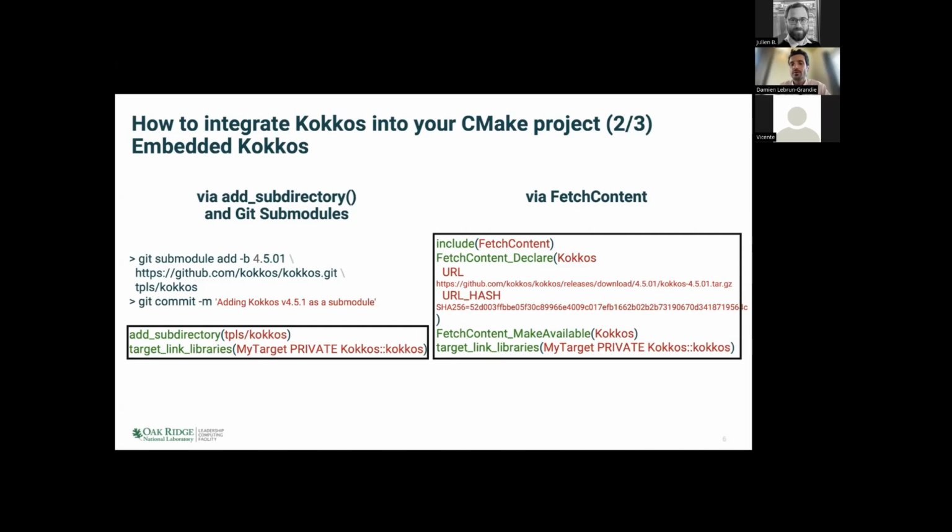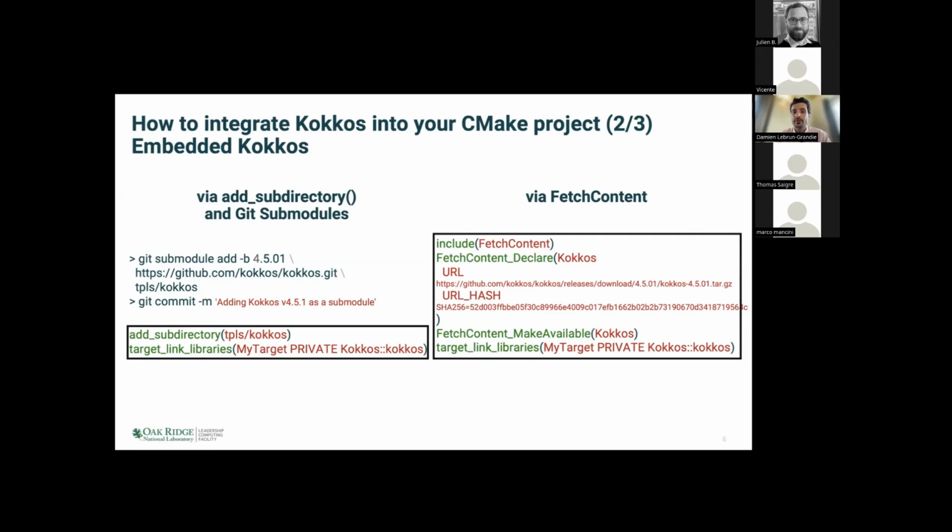You could see it as a way of checking the integrity of what you downloaded, making sure there was no flip of any bit somehow when you download it, or more importantly, no one tampered with it, and you're not installing something that's not really what you thought you were installing. Then what you do is you call fetch content make available Kokkos, and the last line is the same thing as always. You just register your dependency with Kokkos.